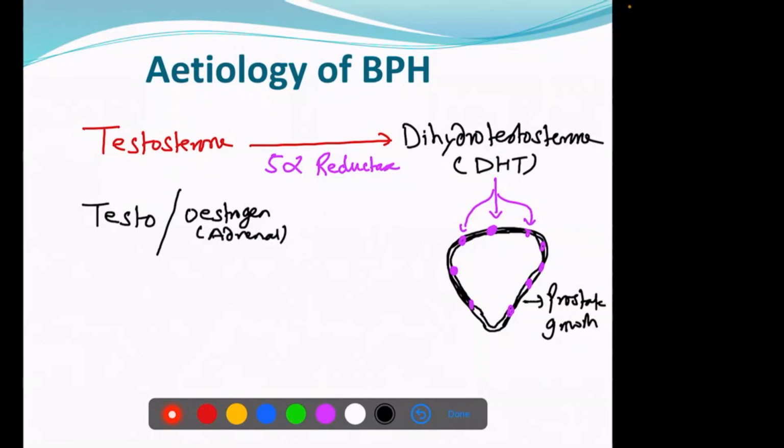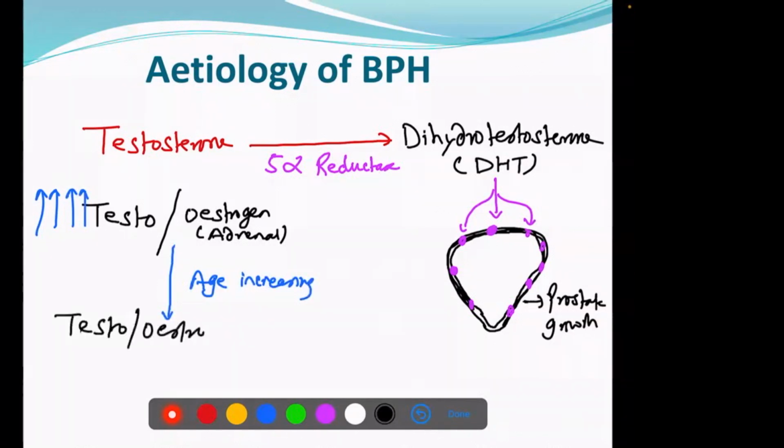When the male is adult, the testosterone level is always high, because the testis is functioning well and producing testosterone. But once the age is increasing, the level of testosterone decreases. Estrogen remains the same, but the testosterone levels start to decrease.